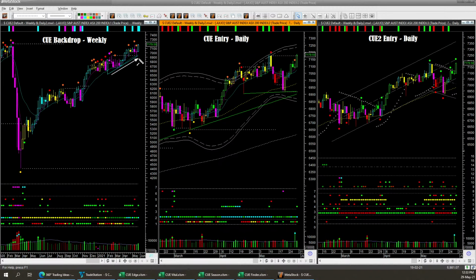AXJO is in an uptrend. Backdrop color is bullish. The shape is also bullish in the weekly chart. Daily is also bullish, and it is near the watermark resistance.